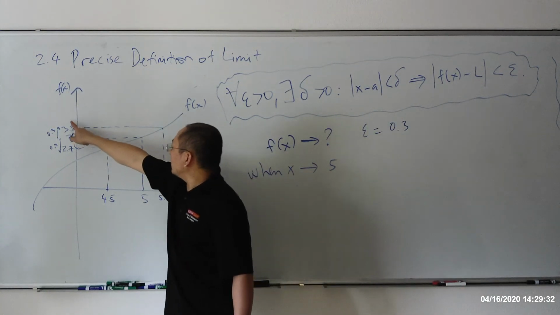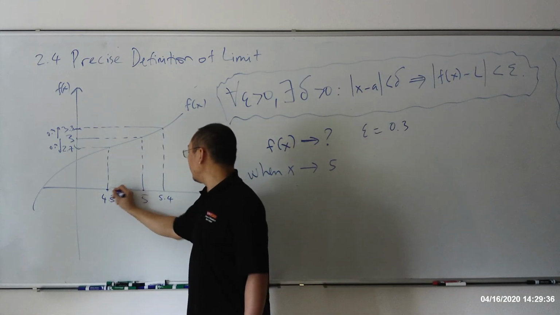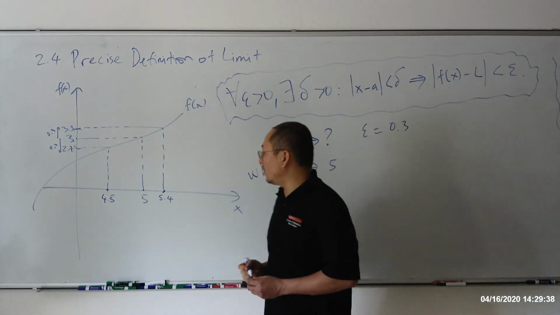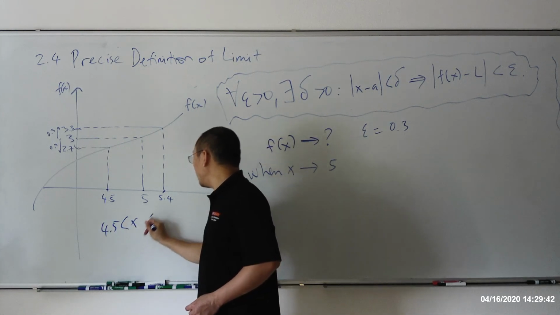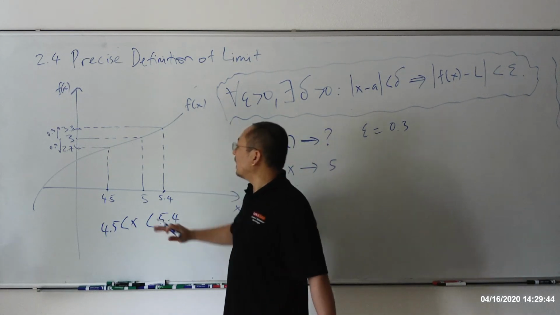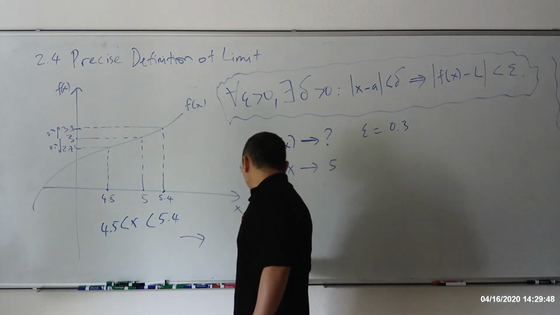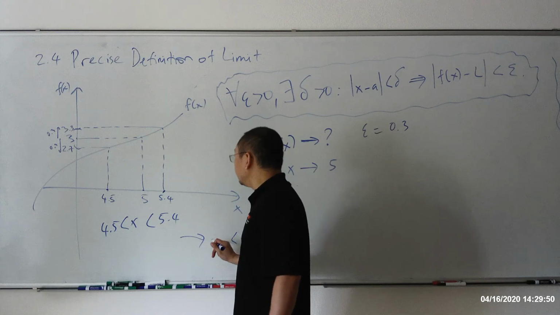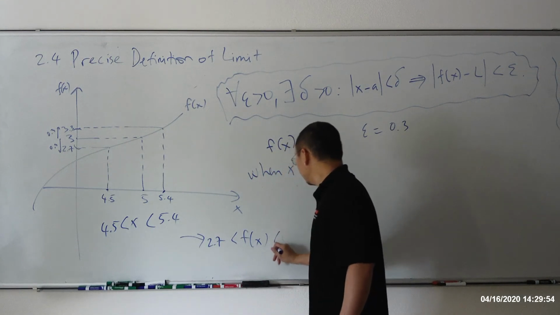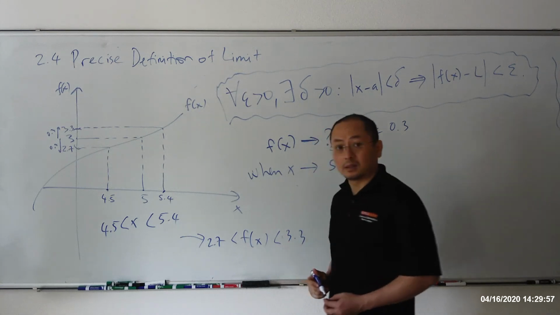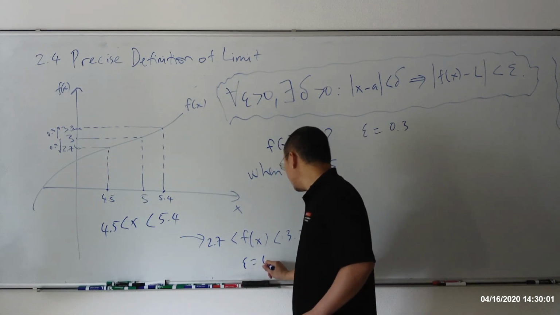When f of x is 3.3, x is 5.4. So you know that when x is somewhere between 4.5 all the way to 5.4, then for sure f of x is going to be somewhere between 2.7 and 3.3. And this one is for epsilon equal to 0.3.